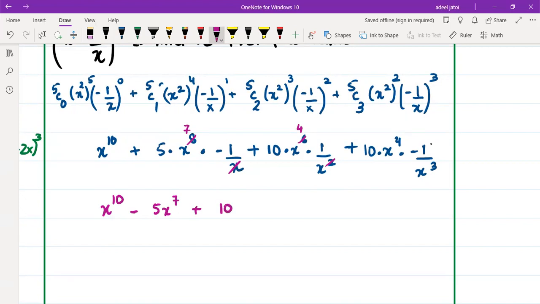So this will give me 10x^4. Then we have negative here, because obviously with the cube bracket, we will write it as negative. And if you see x³ and x^4 are cancelled, you are left with x. So the answer for this will be −10x.